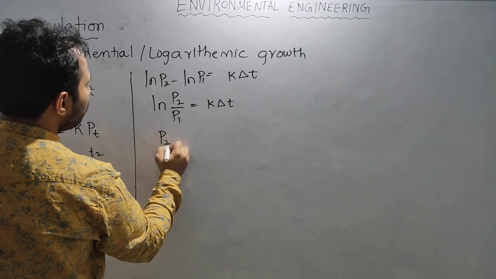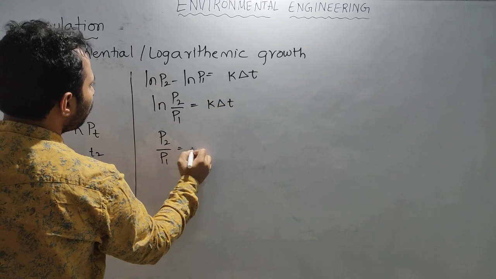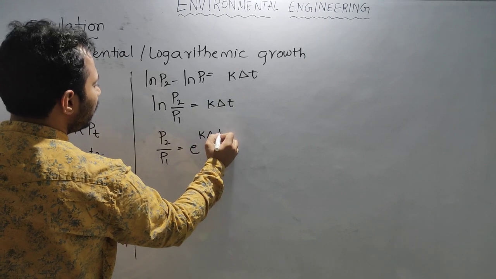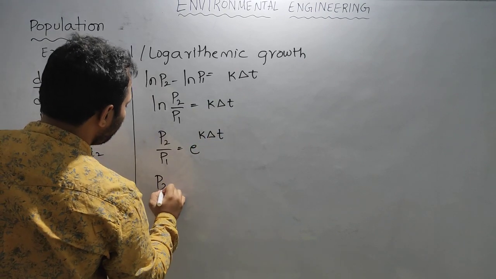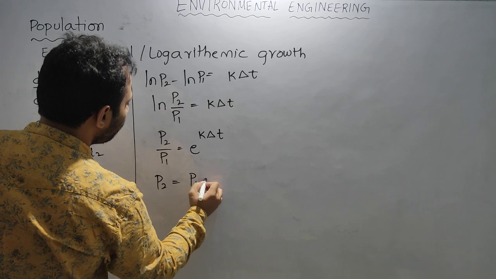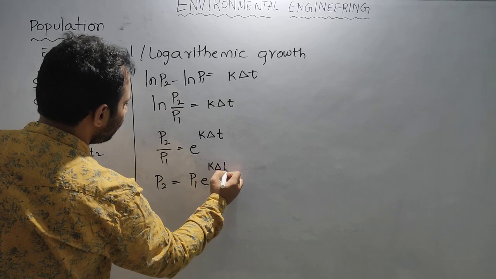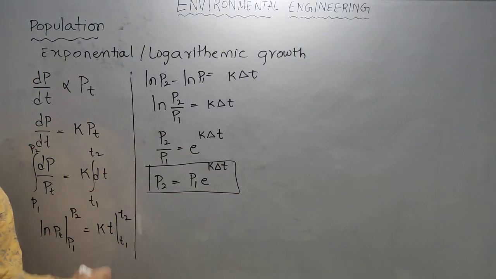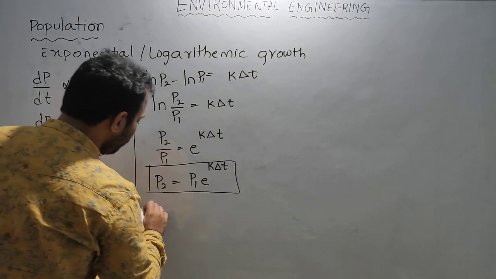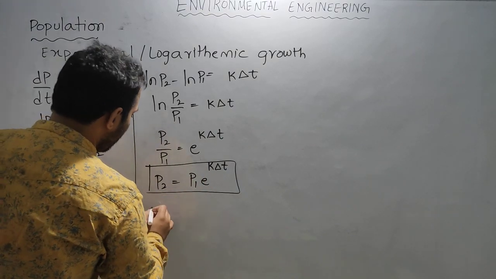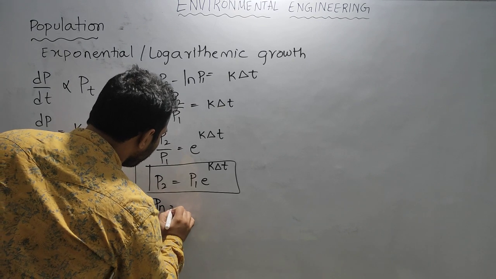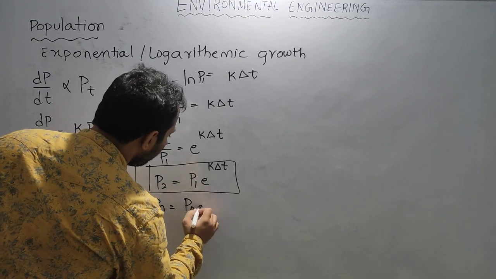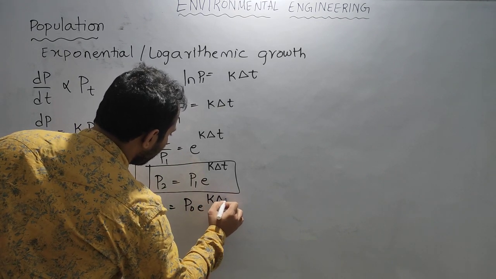So P2 by P1 is equal to e to the power of k into delta t, and P2 is equal to P1 into e to the power of k into delta t. This is the population when we know the rate constant k. So we can say P2, or Pn, is equal to P naught into e to the power of k into delta t.